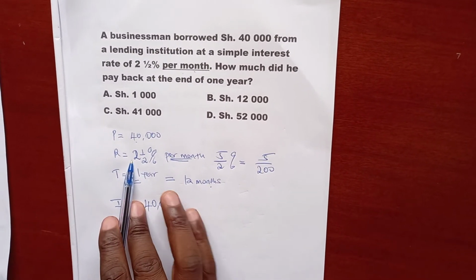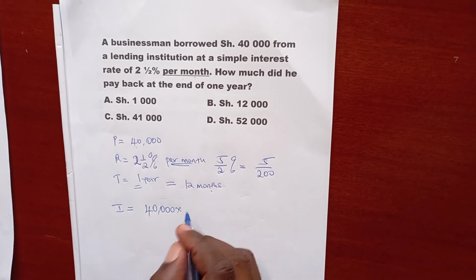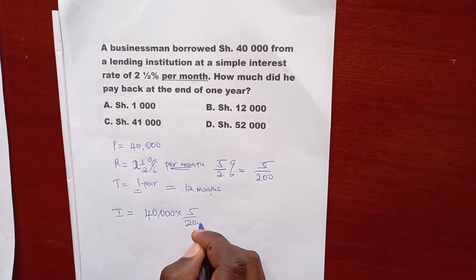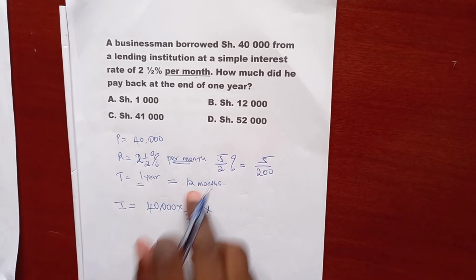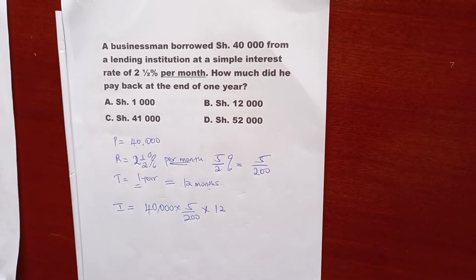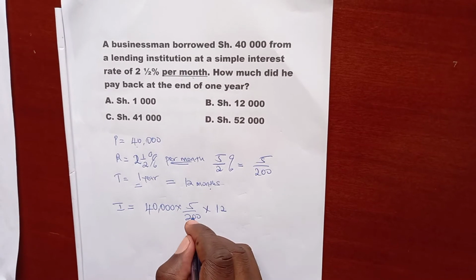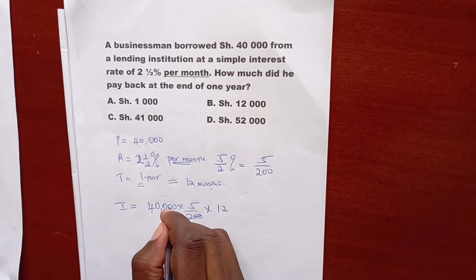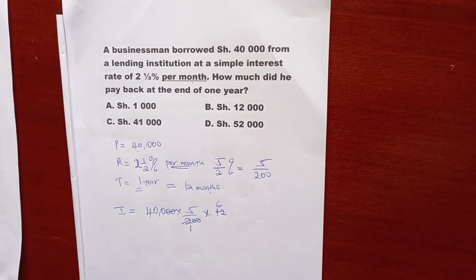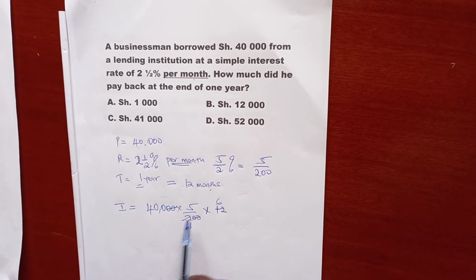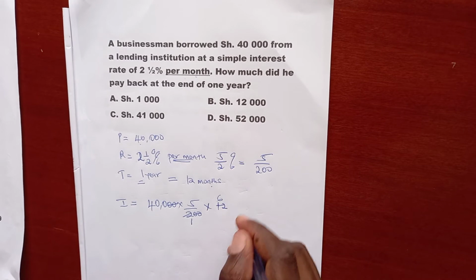Our rate was 2.5%, which will be written as 5 over 200, times our time, which is 1 year, equivalent to 12 months. We cancel where possible. By 0 go, by 2 zeros go, by 2 zeros go, by 2 1, by 2 6. Simple multiplication. 5 times 6, 30.